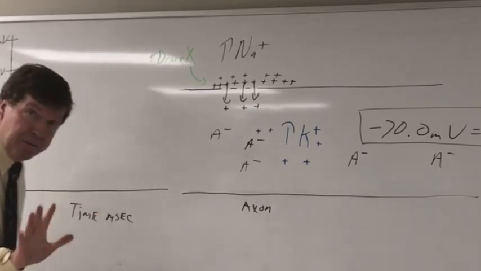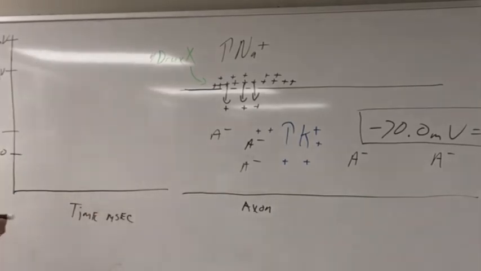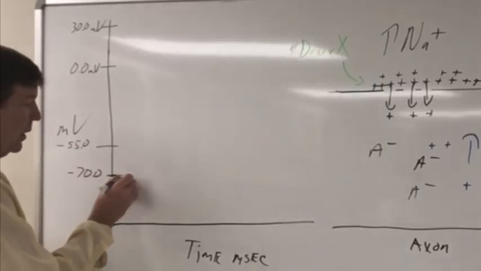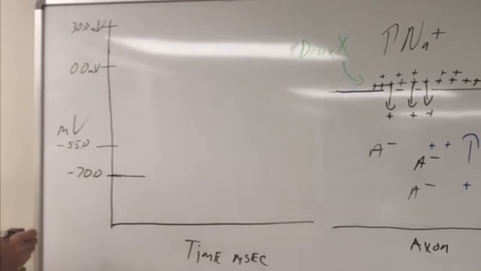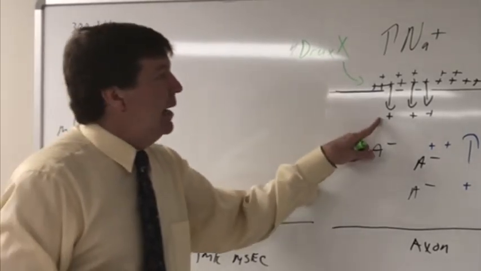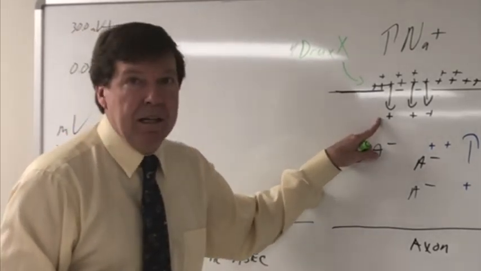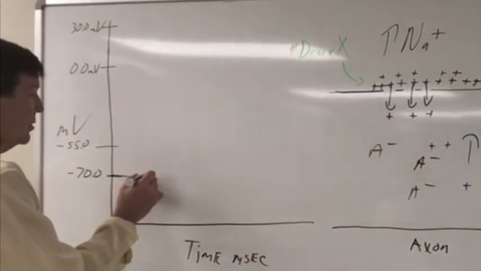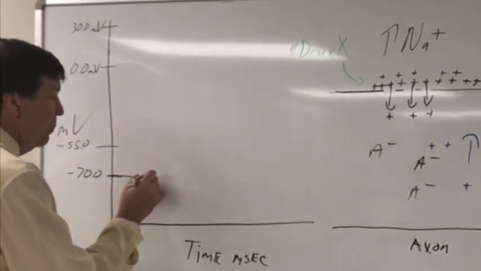If we're graphing this, we would see that we're starting here at negative 70 millivolts, and at resting, here we go. But as the sodium ions begin to move in because of the effect of drug X, this is going to start moving up.